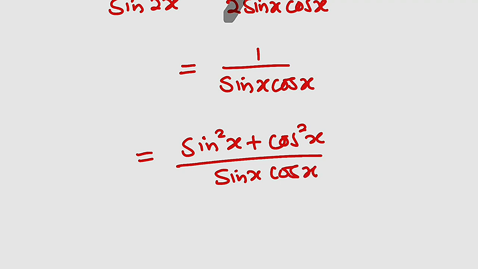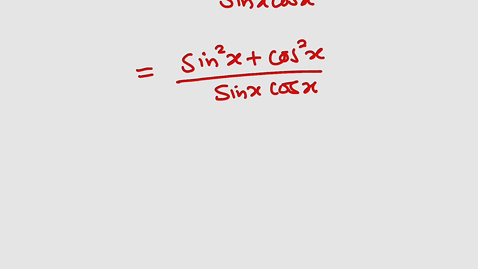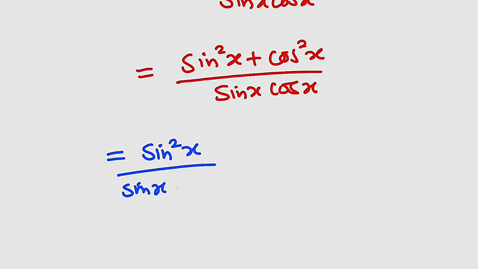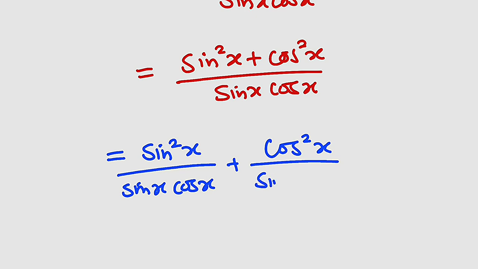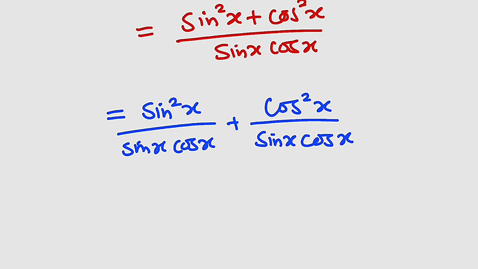Now we can split this into 2 fractions. We take the first one, which is sine squared x, we divide it by sine x cosine x. Then we add the second one, which is cosine squared x, we divide it by sine x cosine x.